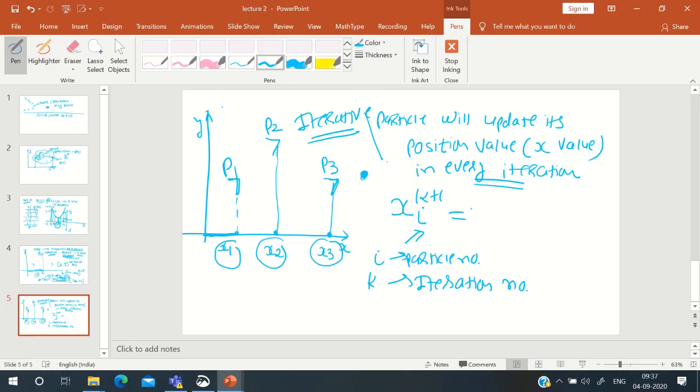So xi of k plus 1 is equal to xi of k plus some step length, or step size.